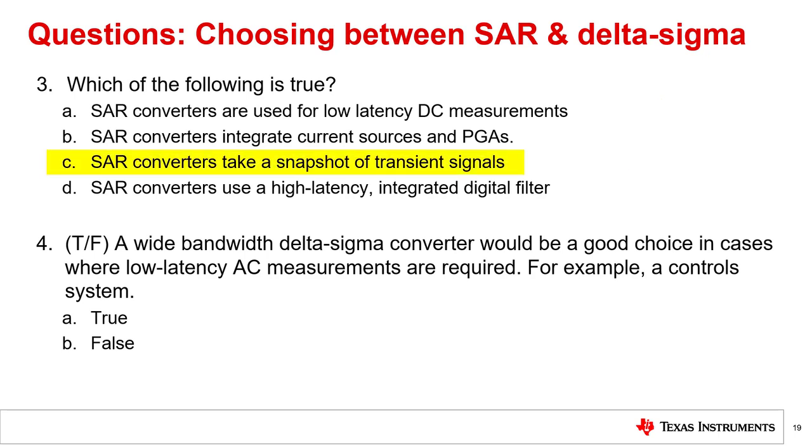The answer is C. A SAR converter is optimized for fast, low latency measurements and typically does not include these other features. Question 4. True or false? A wide bandwidth delta sigma converter would be a good choice in cases where low latency AC measurements are required. For example, a control system. The answer is false. A wide bandwidth delta sigma would introduce too much delay, so a SAR converter is probably the best choice.